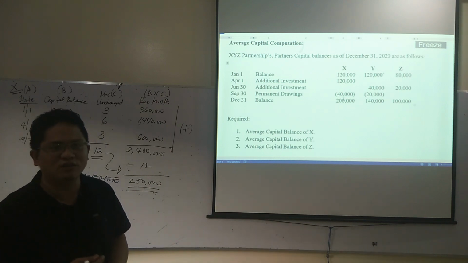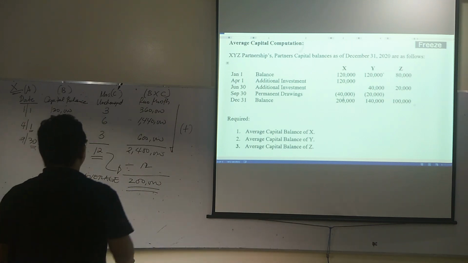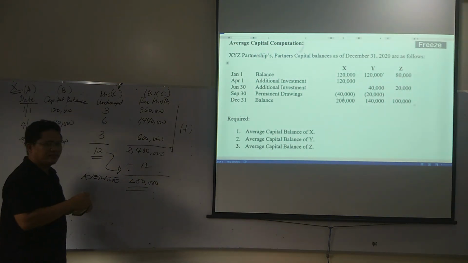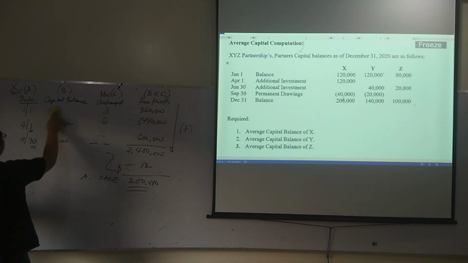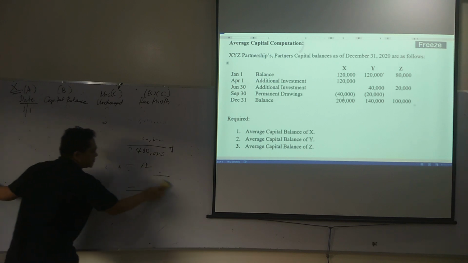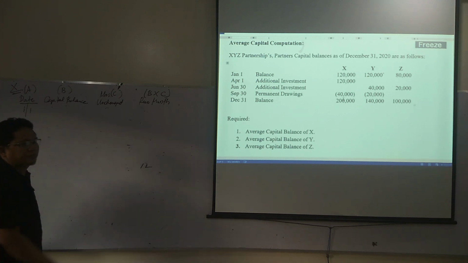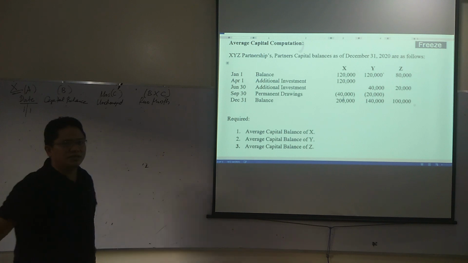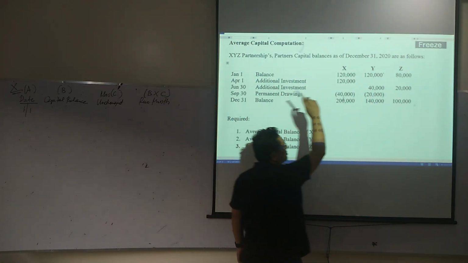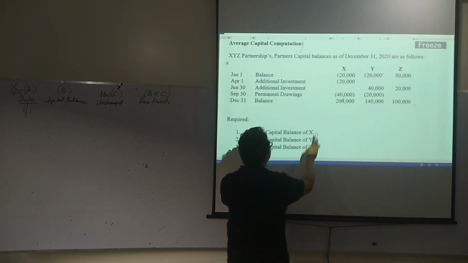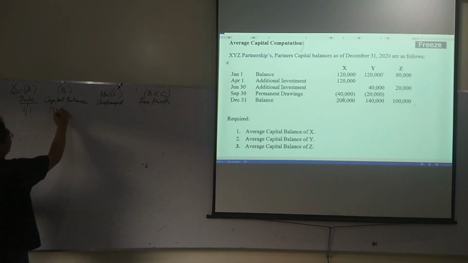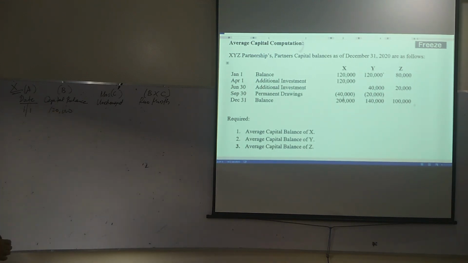One more time. Let's solve for Y. Again, let's start with January 1. We are now solving for Y's average capital balance. Y's capital balance is 120,000.